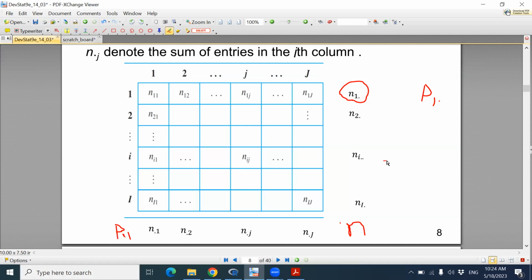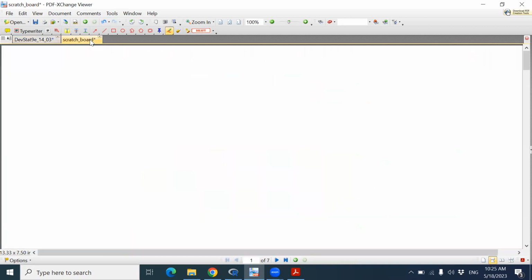We used I minus 1 for estimating these row probabilities, and we used j minus 1 for estimating these column probabilities. Together that is I minus 1 plus j minus 1, that is I plus j minus 2. So that's the number of degrees of freedom that we use to estimate the unknown parameters.